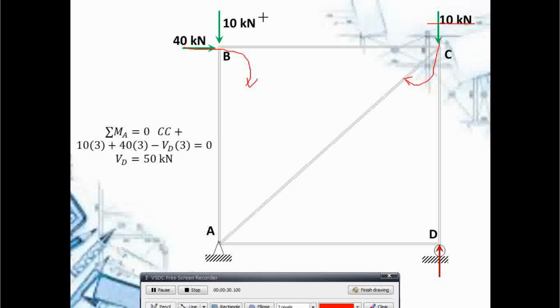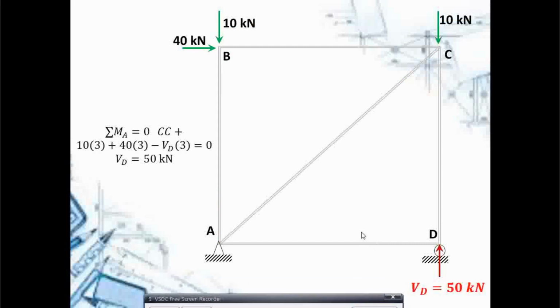That is why I said earlier that this will become 0, because its line of force is passing through point A. Now, in putting this in your calculator, the value of VD is equal to 50 kilonewtons.